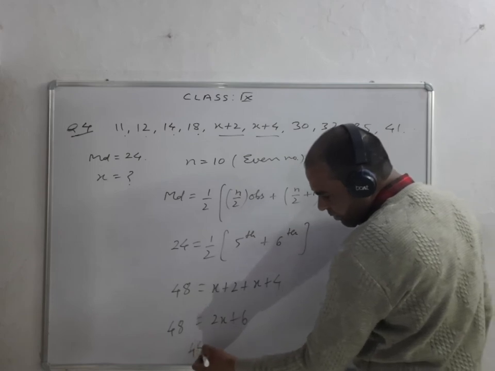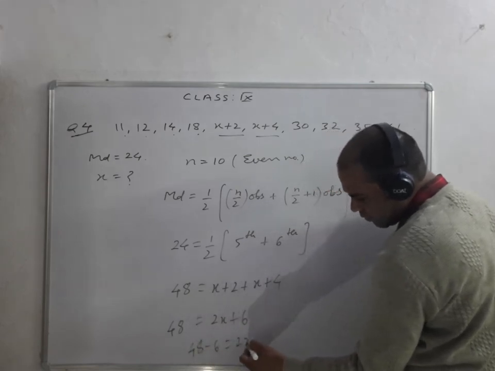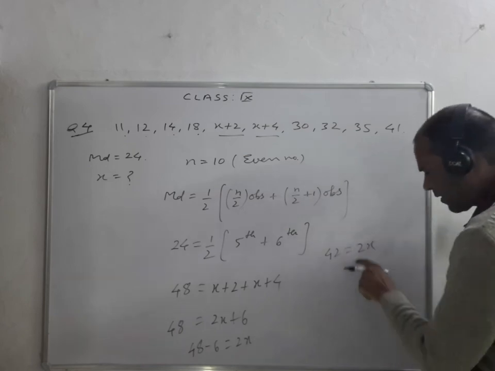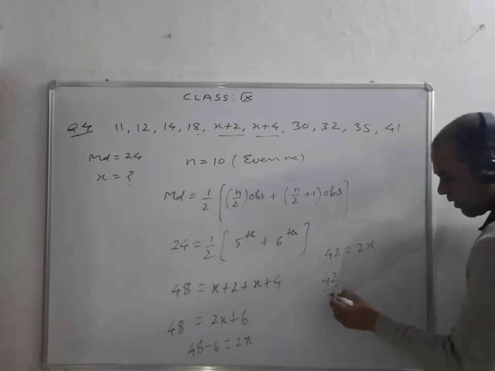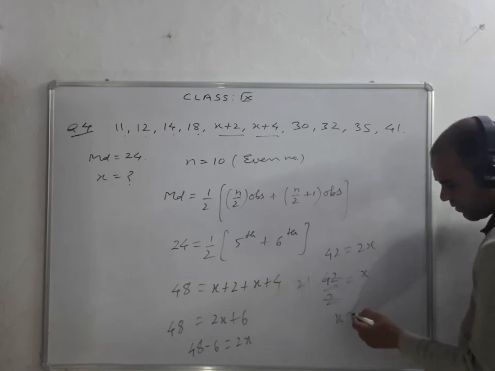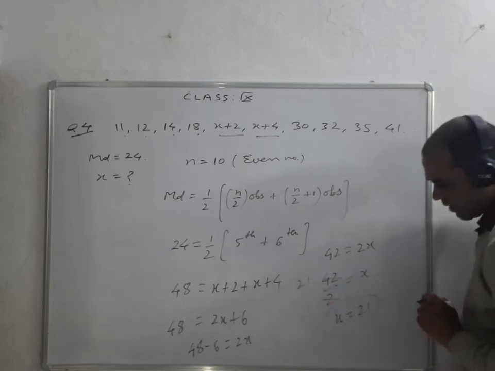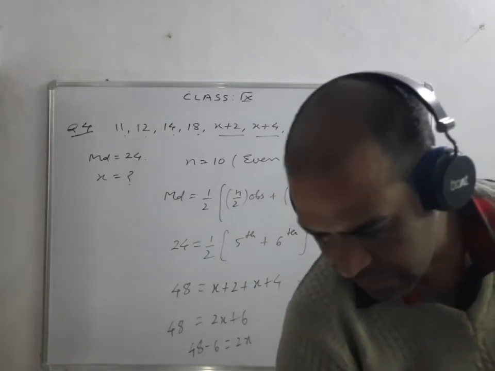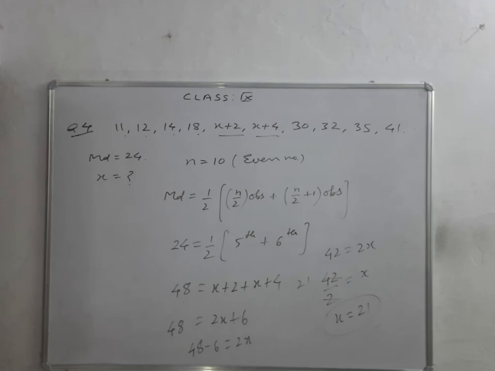Subtract this: 48 minus 6 equals 2x, so 42 equals 2x. Next, cross multiply: 42 by 2 equals x, whose simplification is 21. So x equals 21. X is the unknown term, and here the median is given as 24.